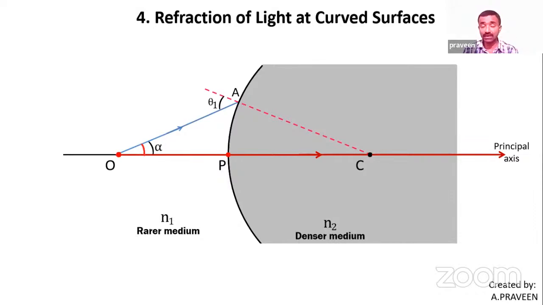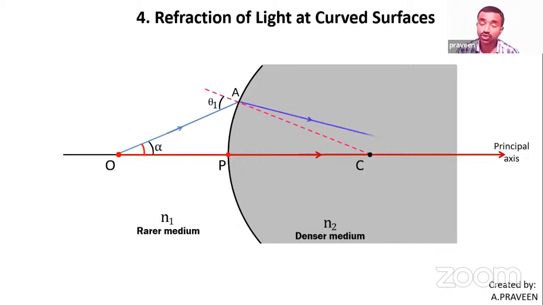In the propagation direction, we can simply observe the mediums, that means optical densities. The rarer medium has optical density less, and the denser medium has optical density more. Simply, rarer to denser, that light ray bends towards the normal.